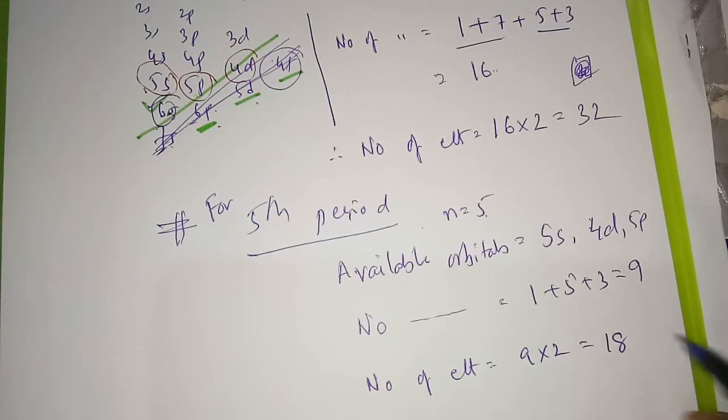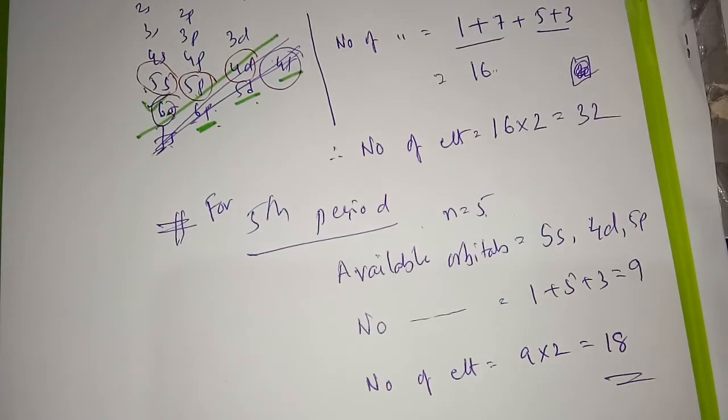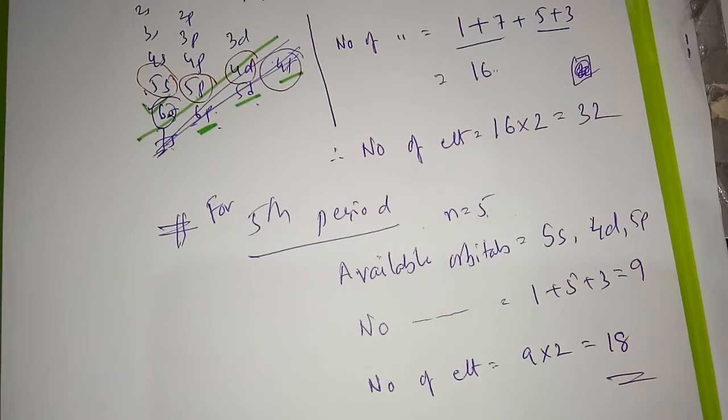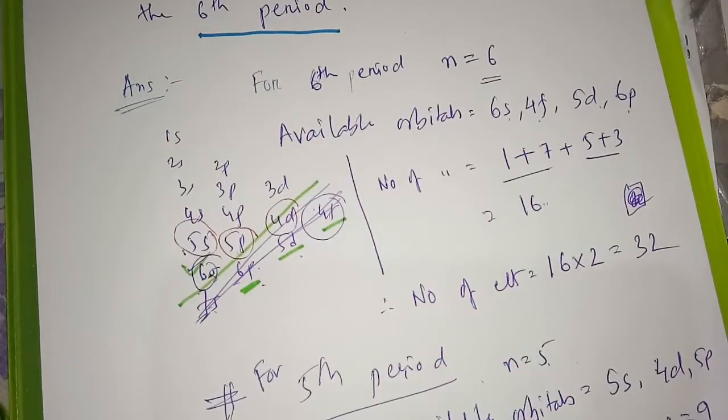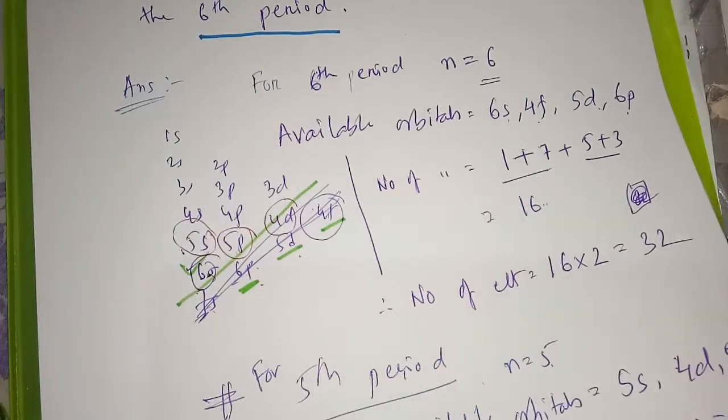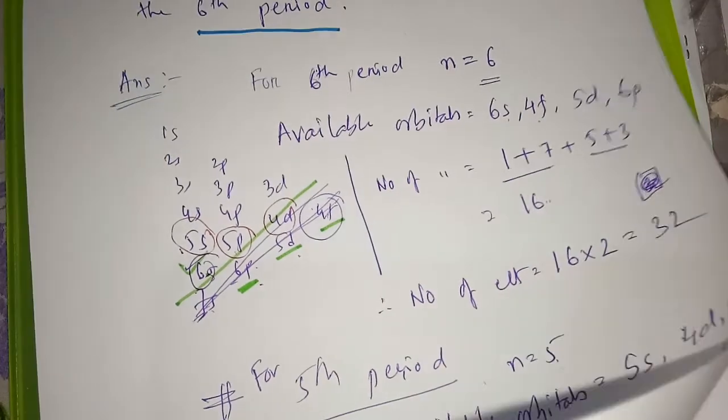Nine times 2 is 18 elements. So in the fifth period, if you go to the periodic table, you'll get the 18 elements. So this is how you have to justify in the different periods how many elements are there. But for that, you require to remember the above order.